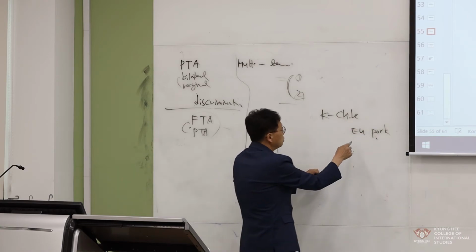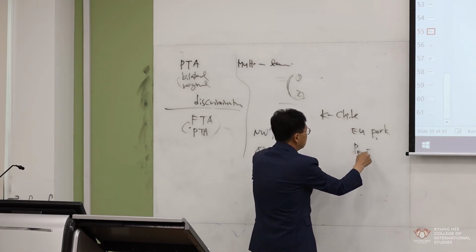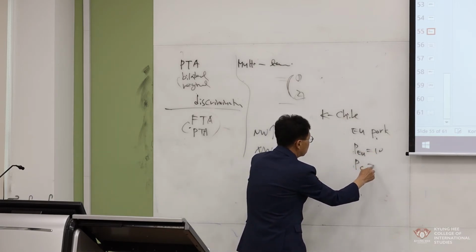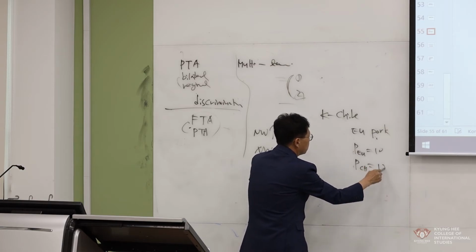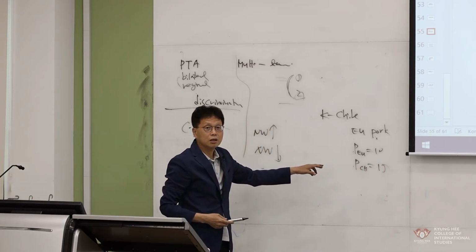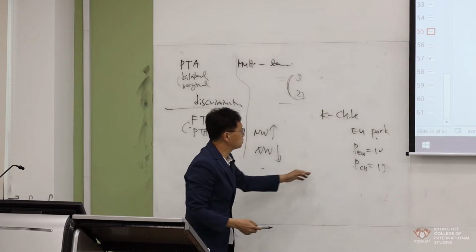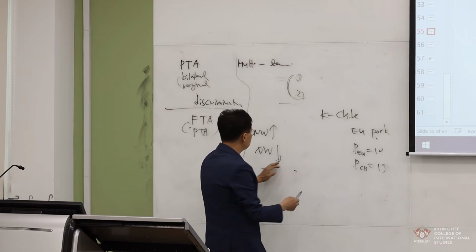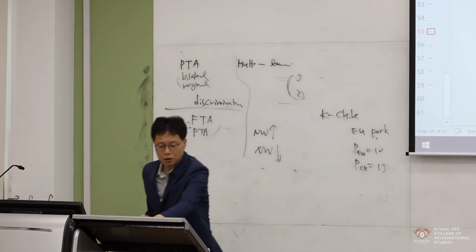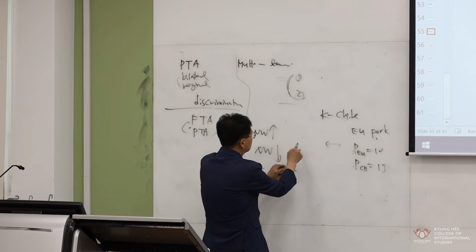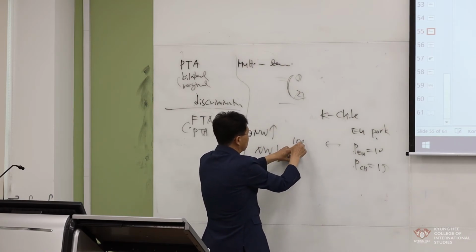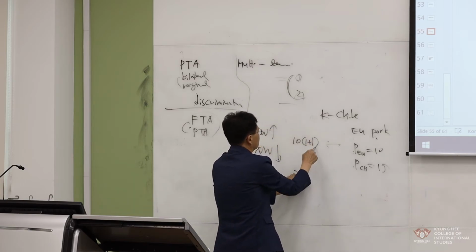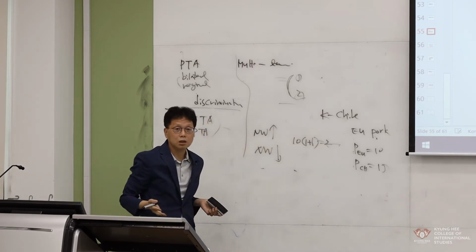Why? EU pork price is, for example, $10, right? And Chilean pork is, for example, $15, right? And before the Korea-Chile FTA, we imposed, for example, a 100% tariff. Then the domestic price when we import EU pork is $10 multiplied by 1 plus 100%, so $20, right?